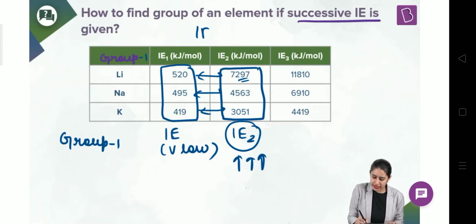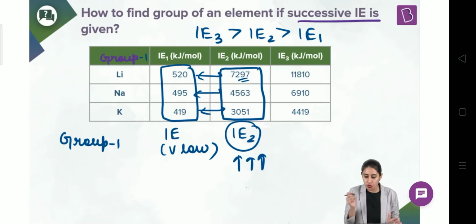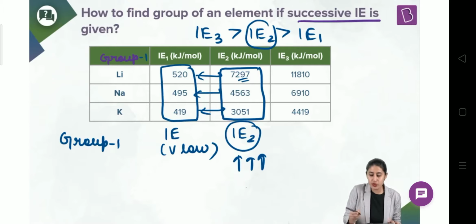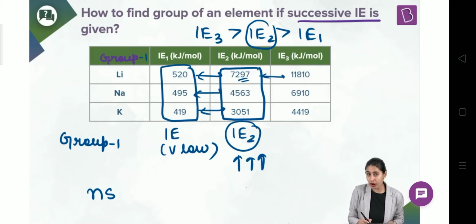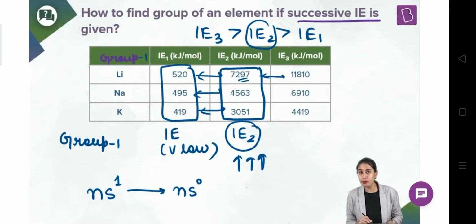And we know that IE3 has to be greater than IE2, which is in turn greater than IE1. This we know, but we can observe from here that IE2 is coming out to be exceptionally more. The difference between IE1 and IE2 is exceptionally more as compared to IE2 and IE3, which is bound to happen. That means if I talk about valence shell electronic configuration, ns1 would want to remove an electron to become a noble gas electronic configuration.